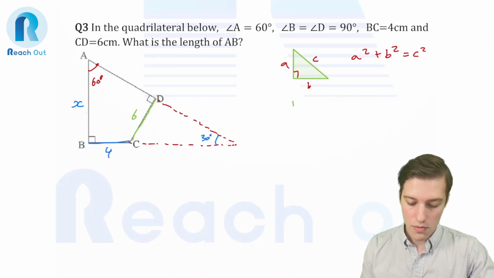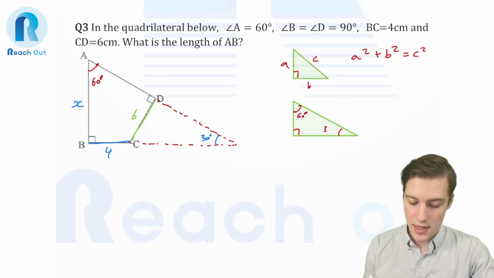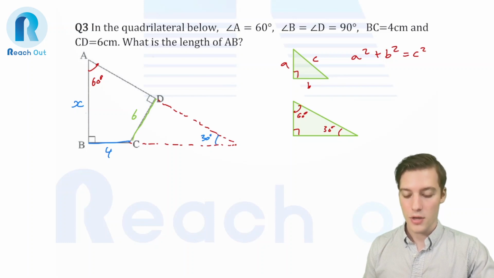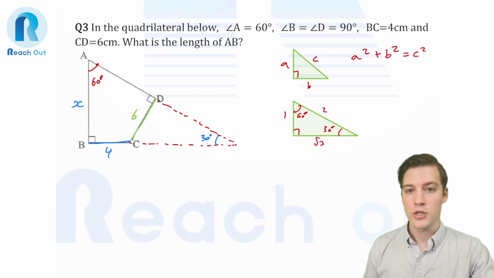The theorem for this is that if you have a right angle triangle with angles 30, 60, 90, like I have in my question, the ratio of the lengths will be 1, root 3, 2. They'll always be in this ratio.